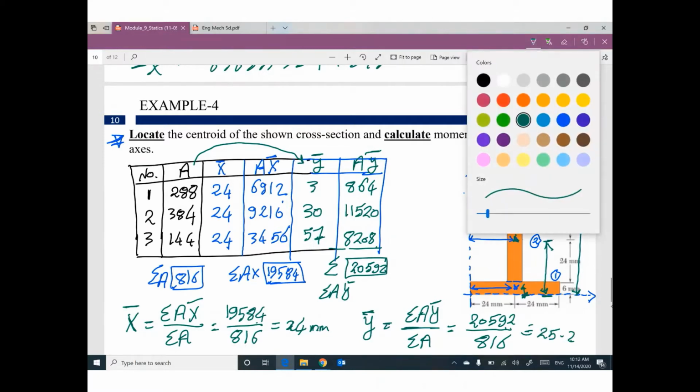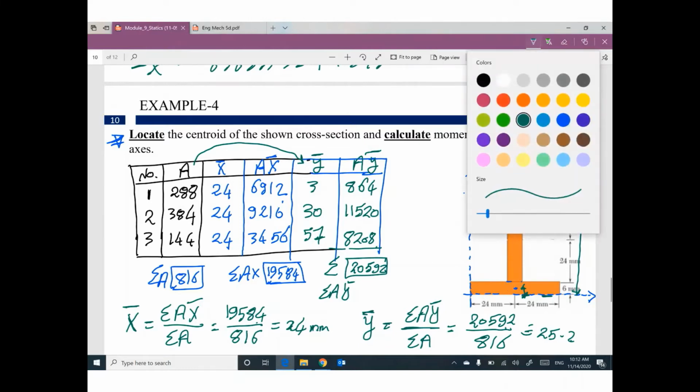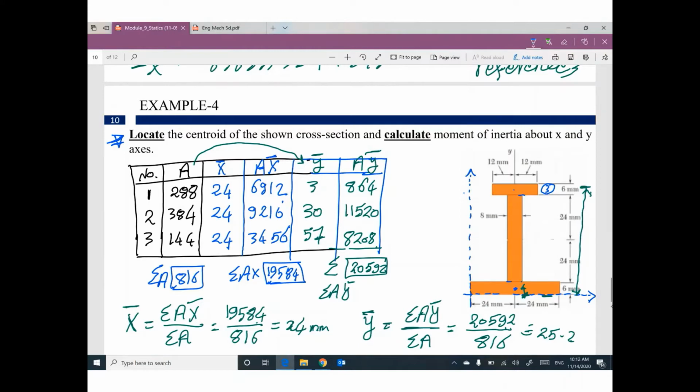So if you would like to clean up everything here, we have this centroid and this centroid and this centroid for each part. I will walk from this origin for the assumed reference.